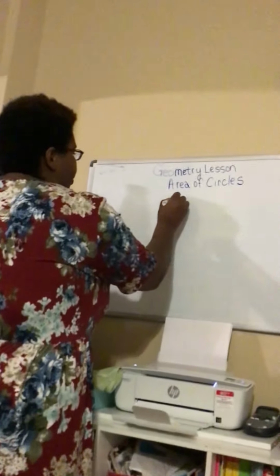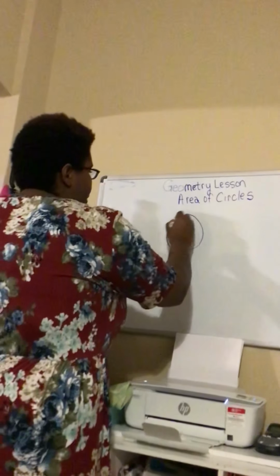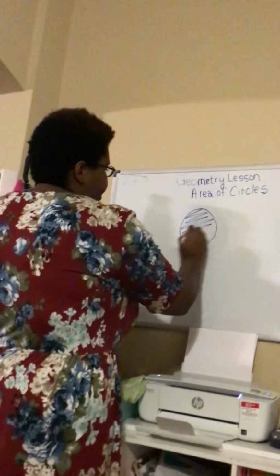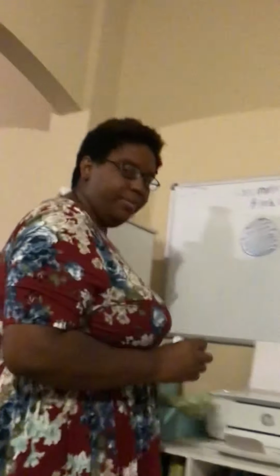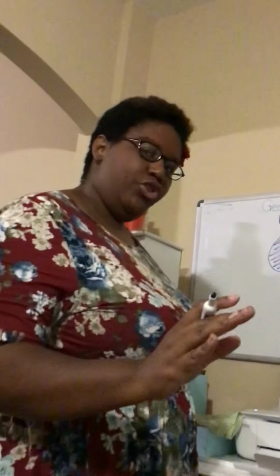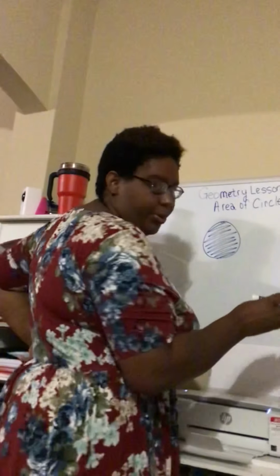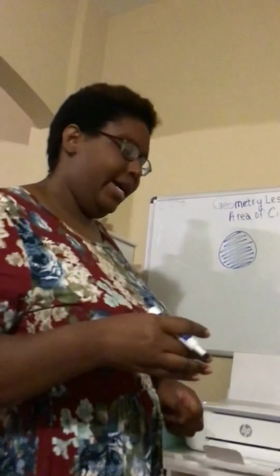So we draw a circle, and when we're talking about the area of a circle, we're talking about this shaded interior right here. To determine the area of a circle, we're going to need two values. One of the values we talked about in our previous lesson on circles is the constant value of pi.